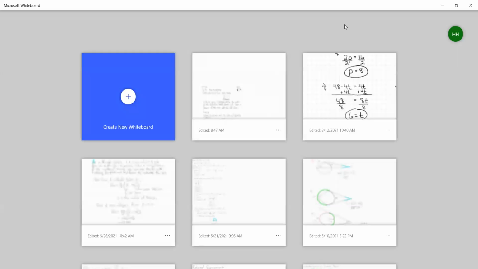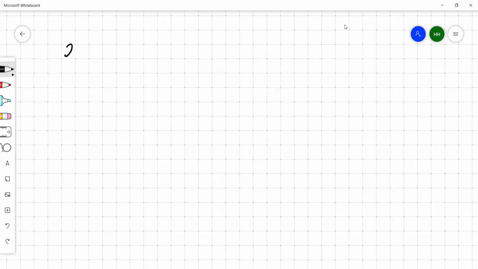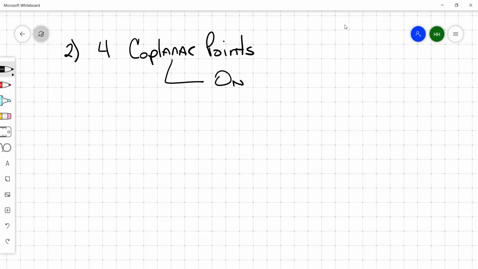Then number 2 is going to ask you, what are the names of 4 coplanar points? Coplanar means on the same plane.